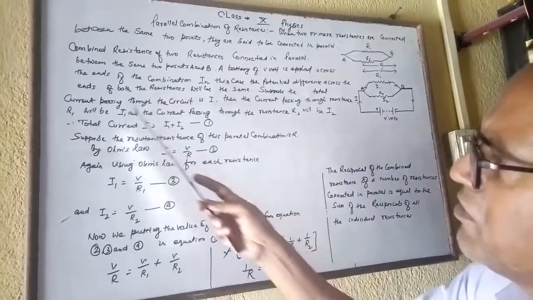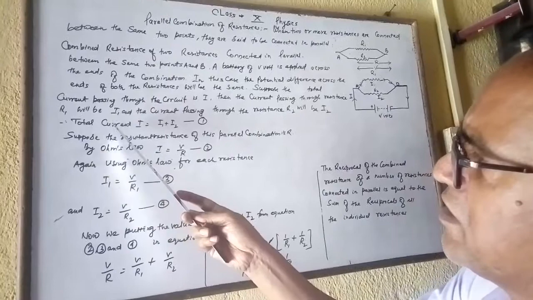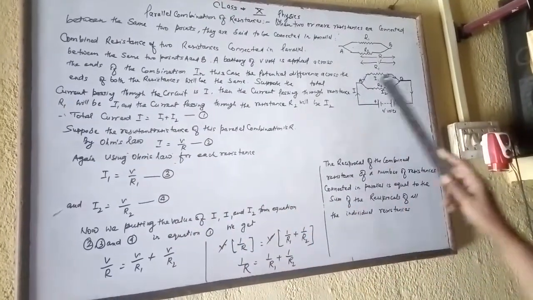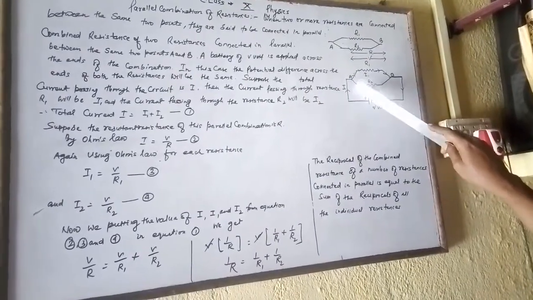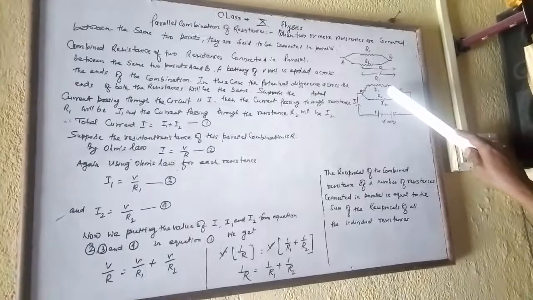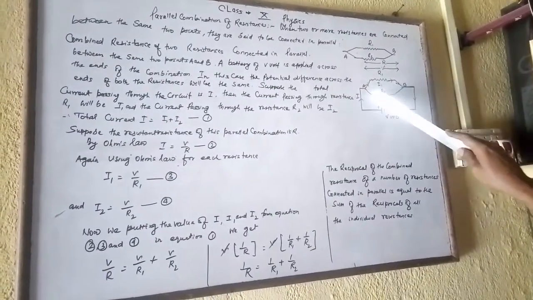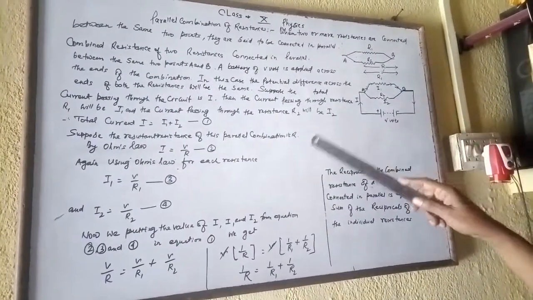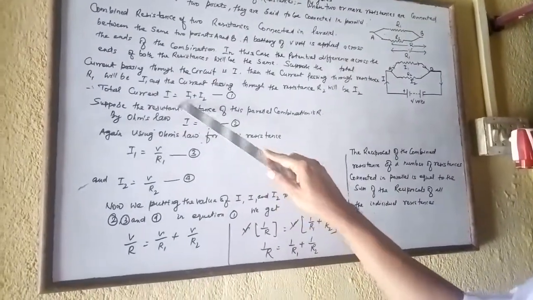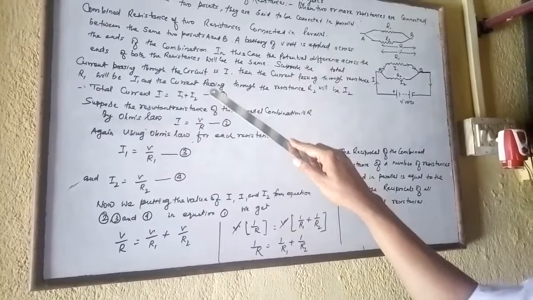Now the total current I is equal to I1 plus I2. Here I splits into two parts, I1 and I2. So we can write I is equal to I1 plus I2. Suppose this is our equation 1.